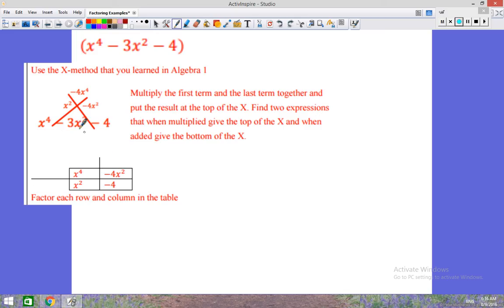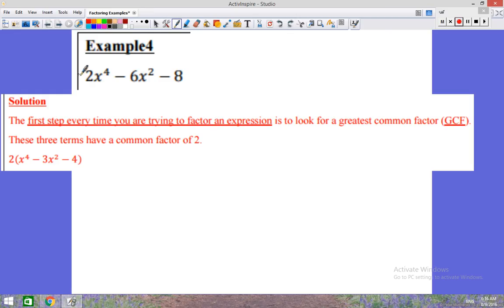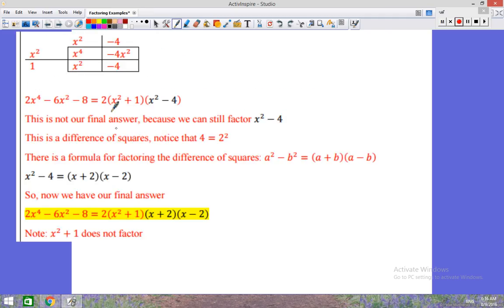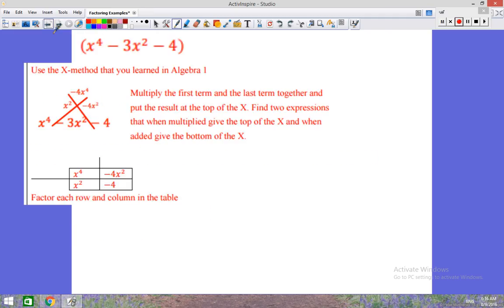So if we come down, I guess we necessarily didn't have to create the table here. I put the table in there initially because I saw a leading coefficient that was different than 1. But I know that the 1x squared and negative 4x squared are going to be in my factors. But I'm illustrating that if you along one diagonal write the first term and the last term, and along the other diagonal write the values that you found in your x, you've now created a table.